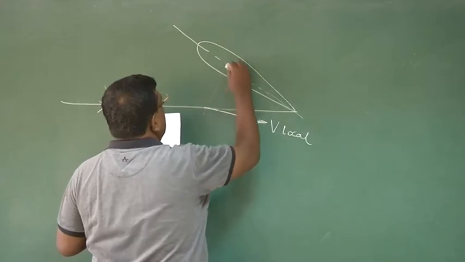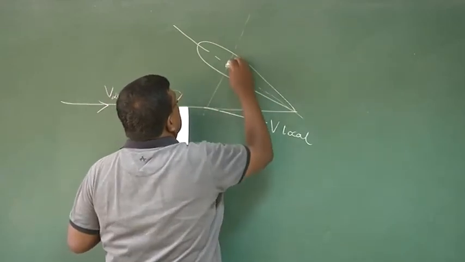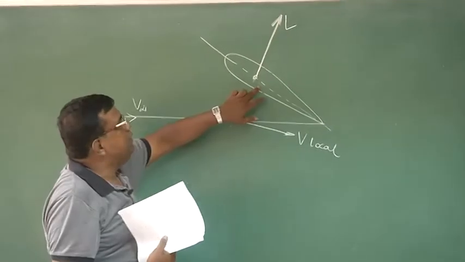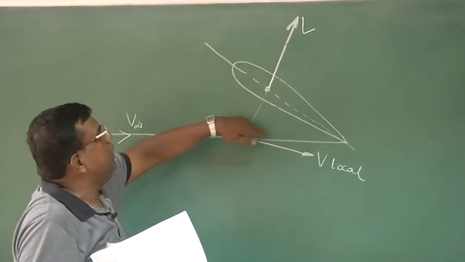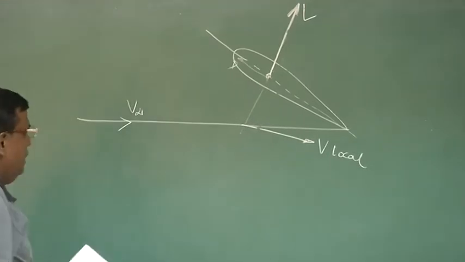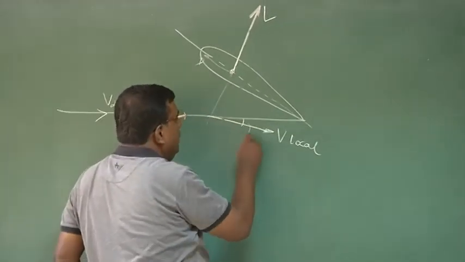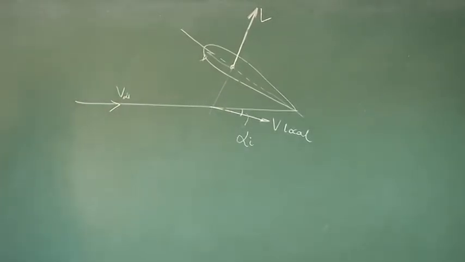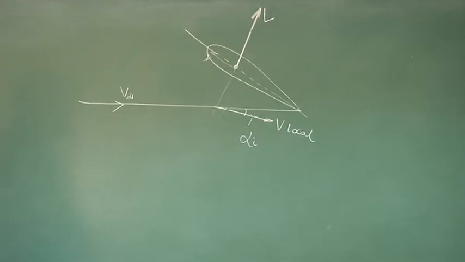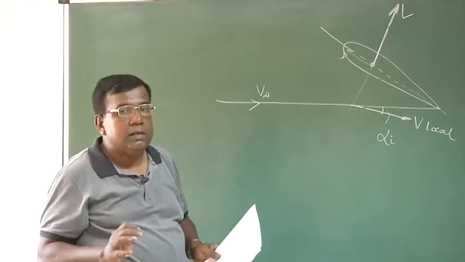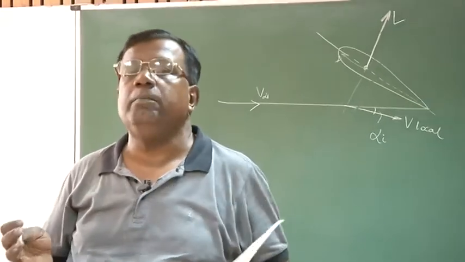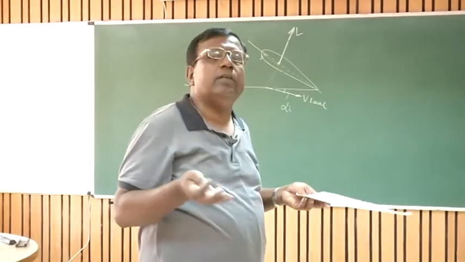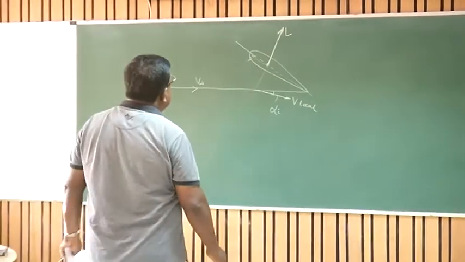Now here, if I draw lift, I know this will be perpendicular to the local flow condition, not to V infinity, right? And this angle, that tilt in the velocity vector, is called the induced angle of attack. Who has induced this? It's induced by the downwash. Why has downwash come? Because of vortices. Why have vortices come? Because of the pressure difference between the bottom and the top portion. Why do you need a pressure difference? Because I want lift, right? So it is alpha induced.